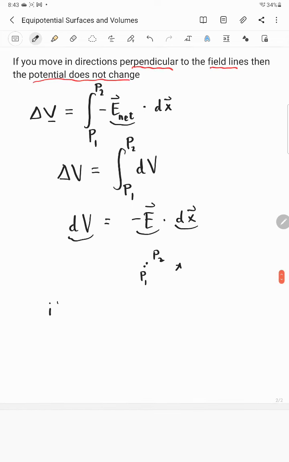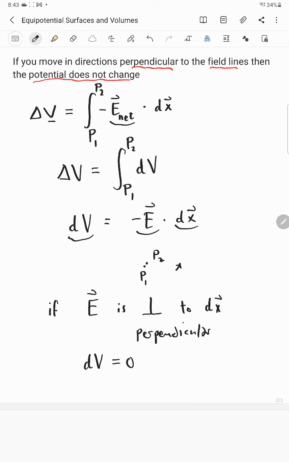So if the electric field is, this symbol is perpendicular. So this means perpendicular. So if the electric field is perpendicular to the dx, then the dV is 0, because the dot product depends on the cosine of some angle, and it's the angle between one of the vectors and the other vector.